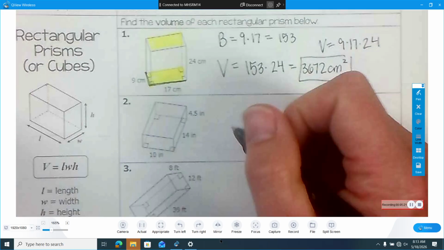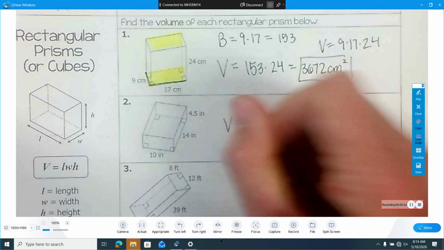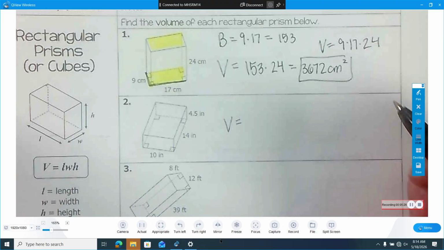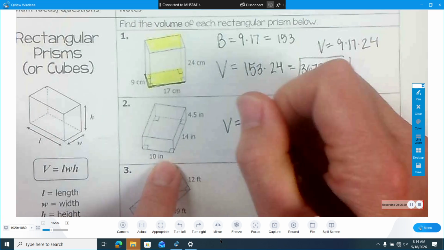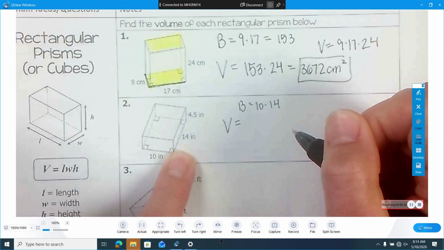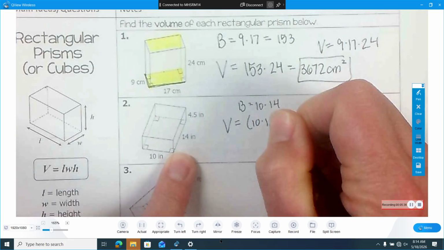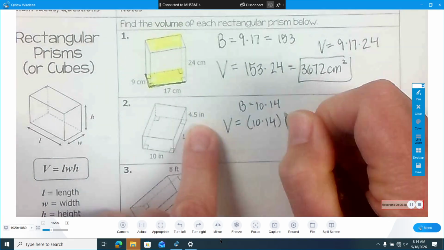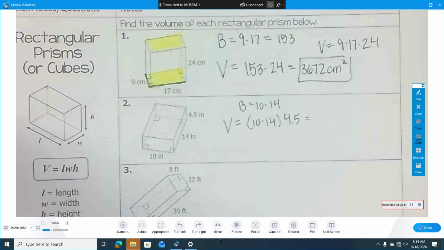How would you do number 2? Big base would be 10 times 14, and then times the height, 4.5.